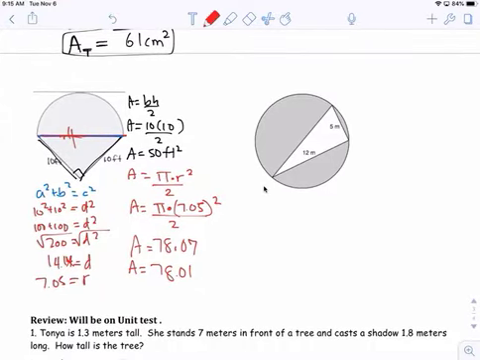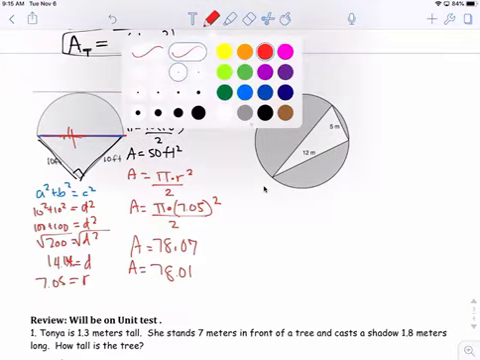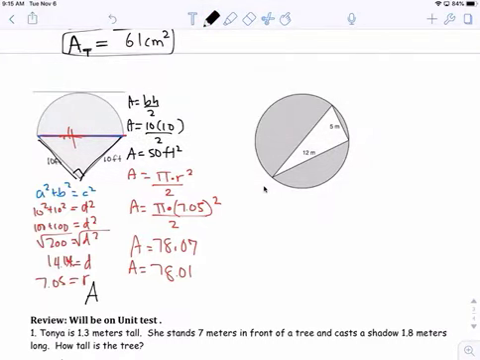So total area equals 78.07 plus 50. We get total area is 128.07, right?